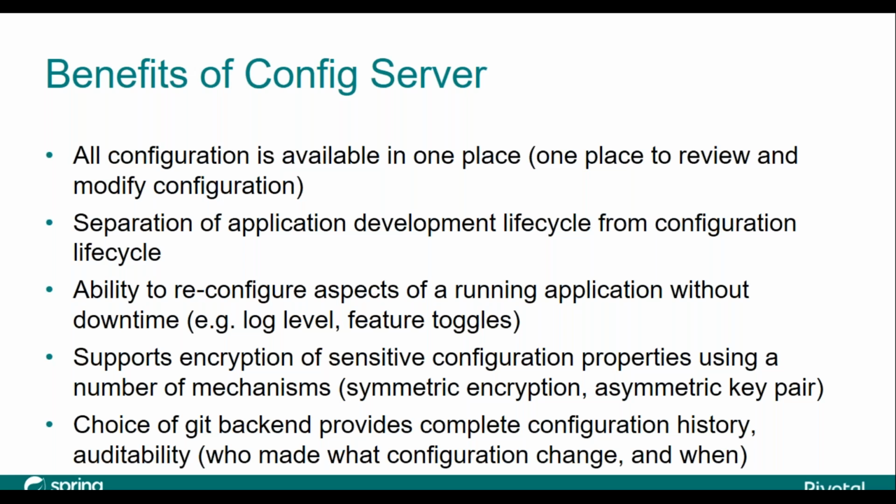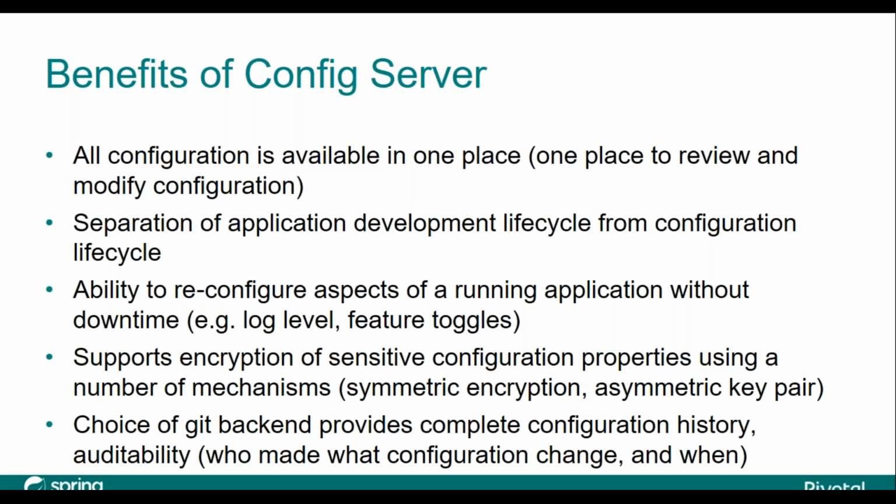And you might ask me, hey, will it be encrypted? Yes, it supports encryption of some sensitive configuration properties. There are various ways, for example, you can use symmetric encryption or an asymmetric key pair, or you can use a Spring Vault service also.